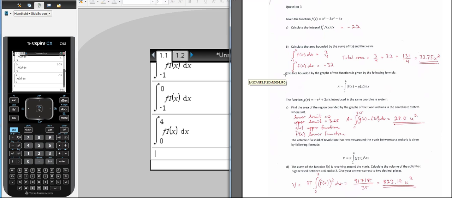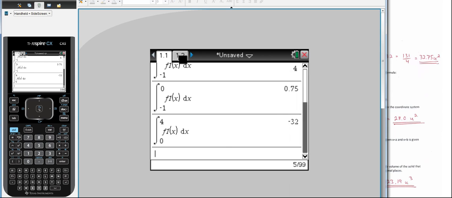Then they give us this formula. The area bounded by the graphs of two functions is given by the following formula. So between a and b, where the two functions cross, the area between these two functions you can find out with this formula. So the second function, g of x is equal to minus x² plus 2x, is introduced in the same coordinate system.